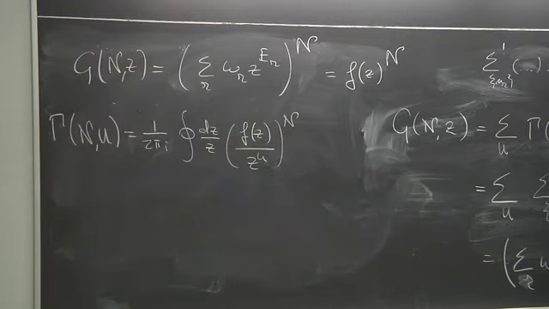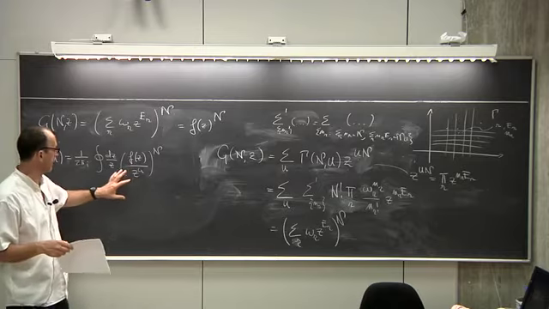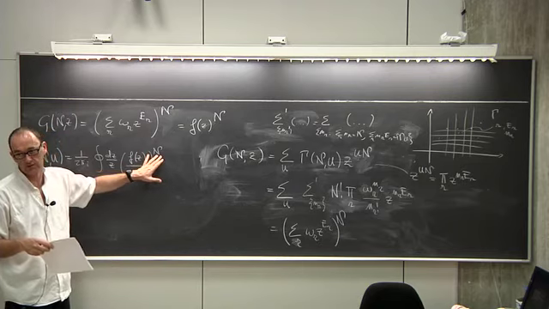Okay, now we have to compute this integral, and the peculiar thing about this integral is that it is an integral of something to the power n, and n is very, very large.